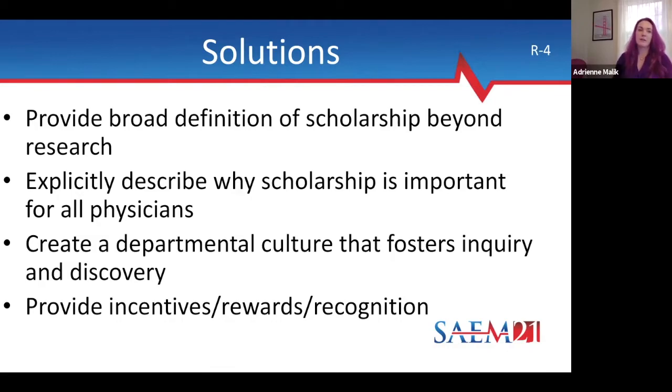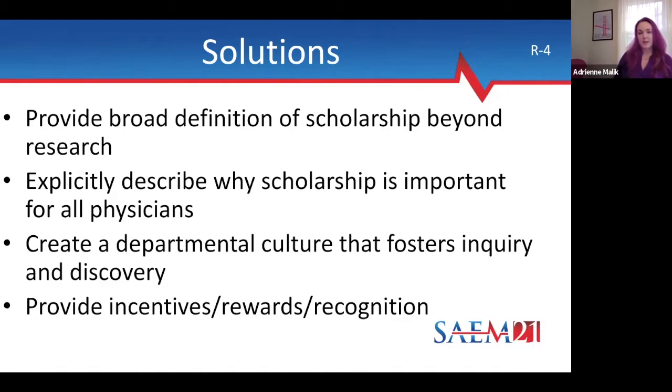Instead, maybe they are writing an article for SAEM Pulse, or putting together some sort of FOAM education piece that can be put on the internet for other people to view and use for their own learning. These are things that can be counted as scholarly activity that are a little less overwhelming for residents and help to overcome that barrier of research not being interesting or relevant to me.